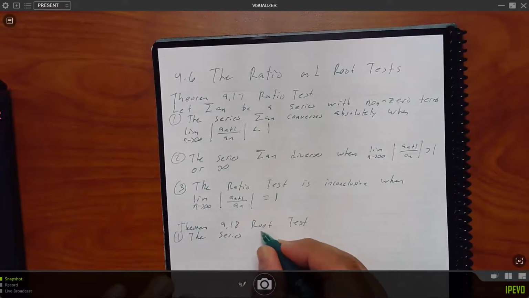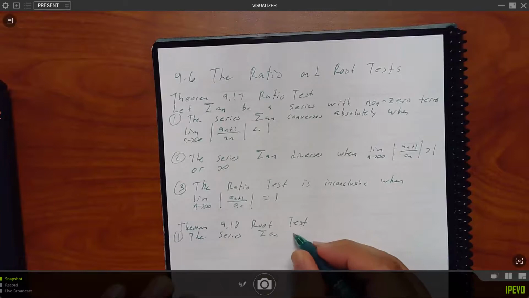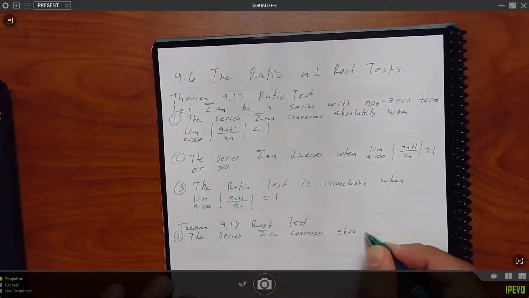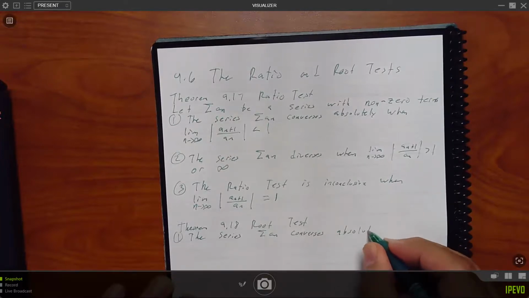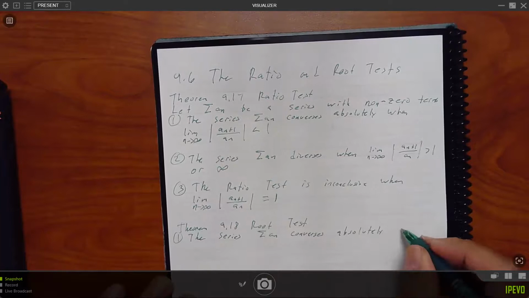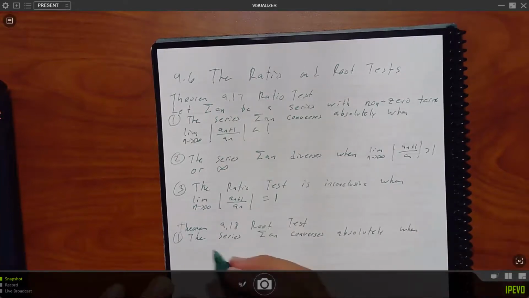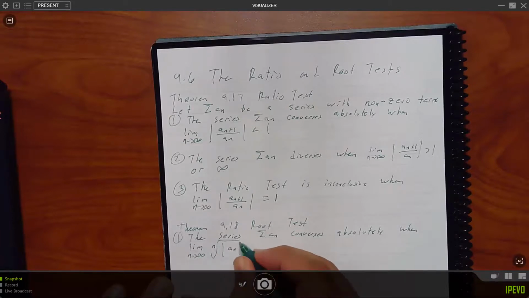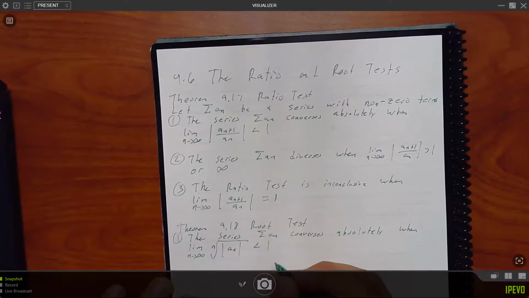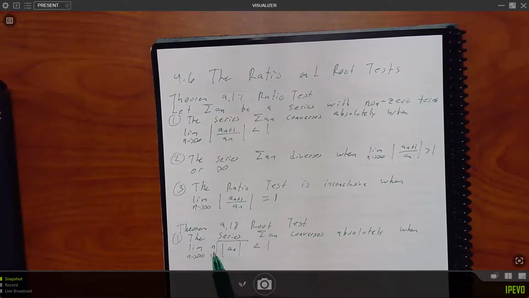The series of a sub n converges absolutely when the limit as n goes to infinity of the nth root of the absolute value of a sub n is less than 1. So see how it's very similar rules, right? It just has a root on it. This is the nth root though.